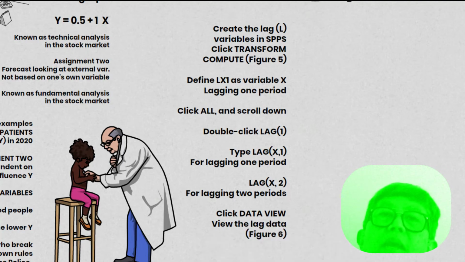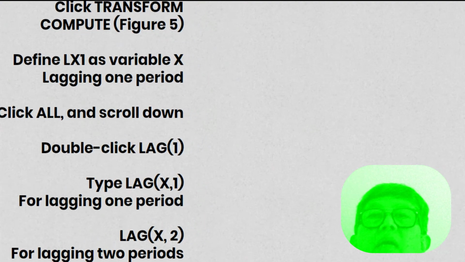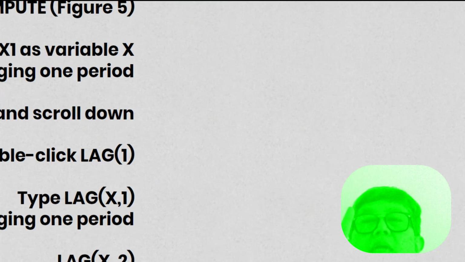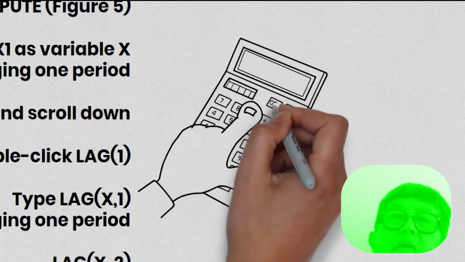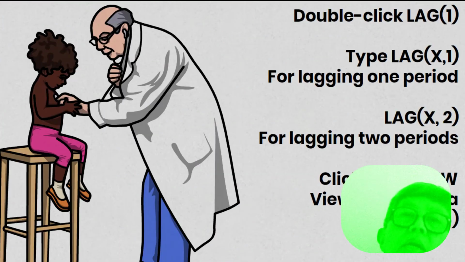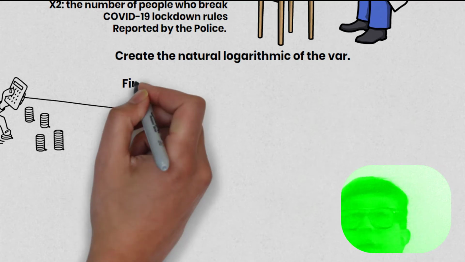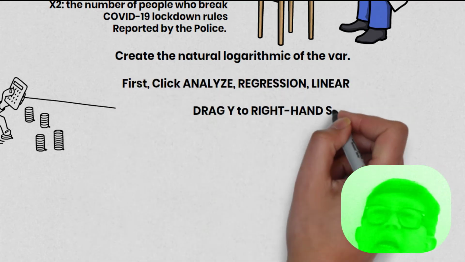Next, you can type lag bracket x, 1 for lagging 1 period, or type lag x, 2 for lagging 2 periods. Click Data View to view the lagged data, figure 6. You can also create the natural logarithm of the variable to see the findings by using the Transform command.